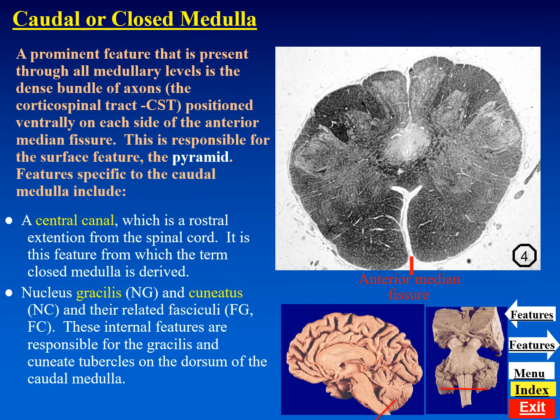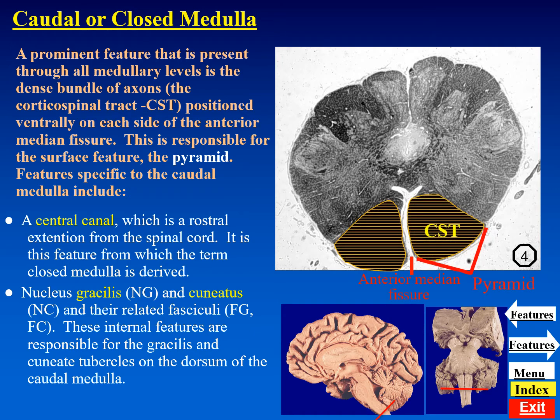Looking at the caudal section of medulla, on its ventral surface we see prominent fiber tracts, the corticospinal tracts, which cause the surface feature known as the pyramid. As we go a little more dorsally, we see a small opening known as the central canal, which is a rostral extension of the central canal of the spinal cord, and is why we call this level also the closed medulla.